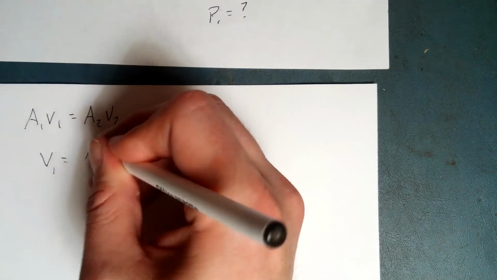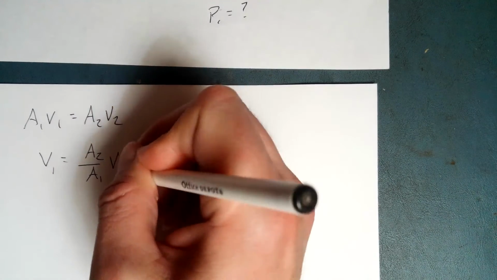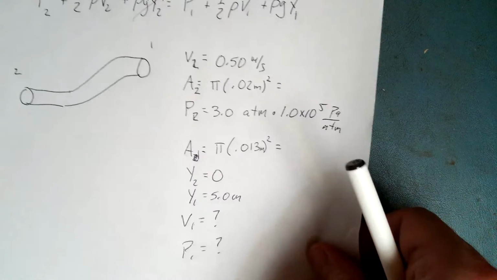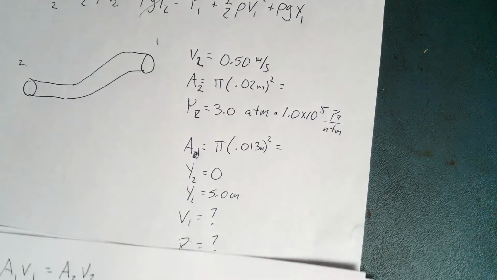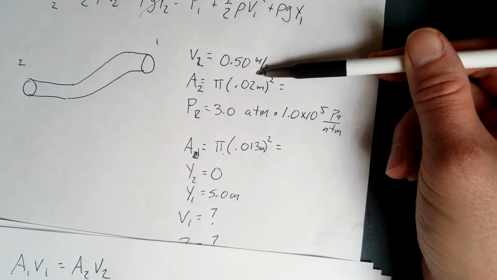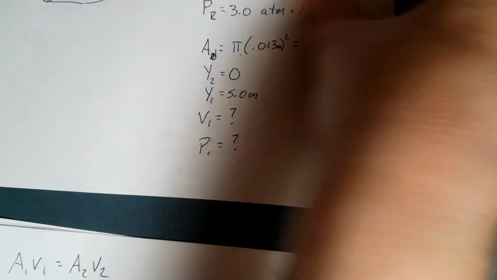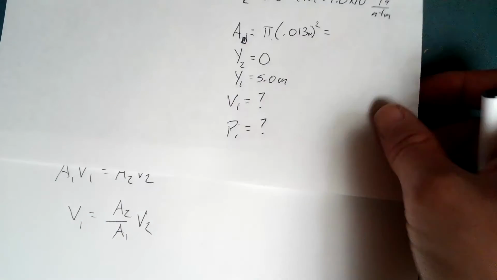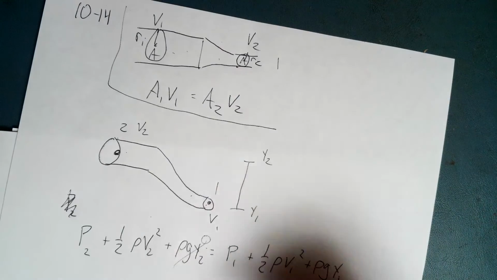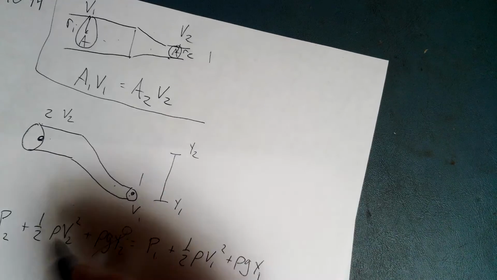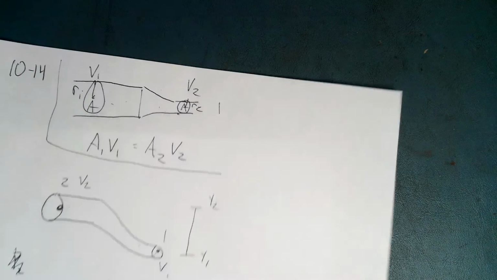So we set this up, and we know area 2, area 1, and V2. First step is calculating V1 with the continuity equation. And we're pretty much done here. I'm not going to go through all the calculations, but these are the steps. Once you have V1, the only unknown is P1, so solve this for P1. There are a lot of little calculations to do, but that'll get you the answer.